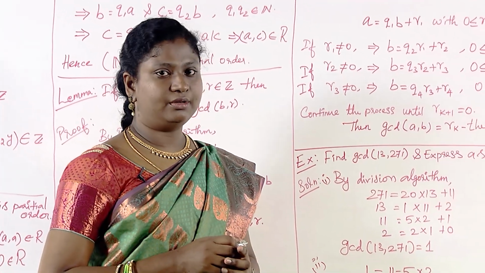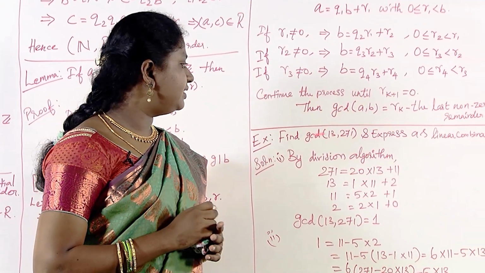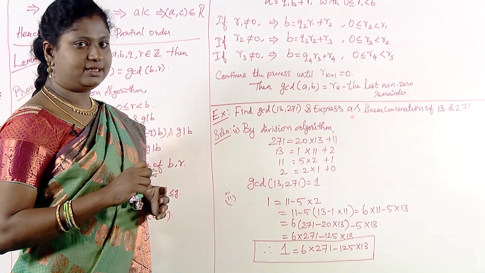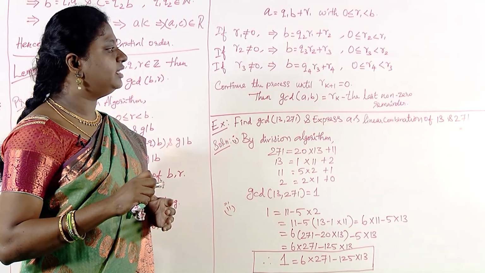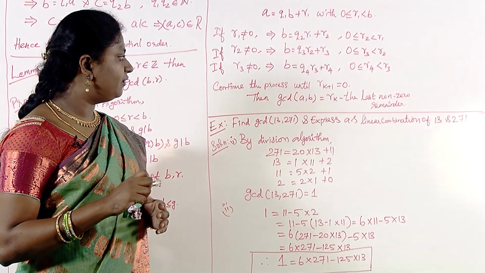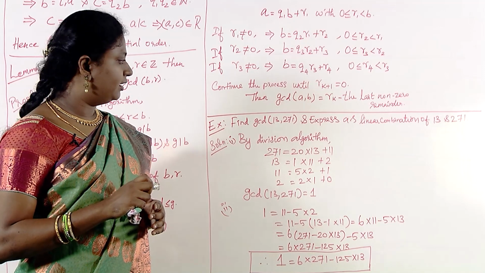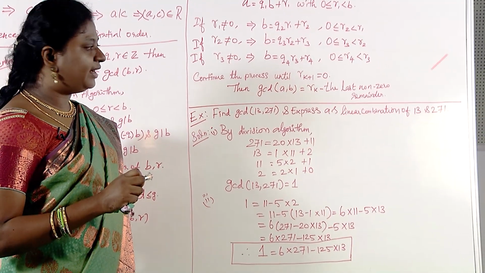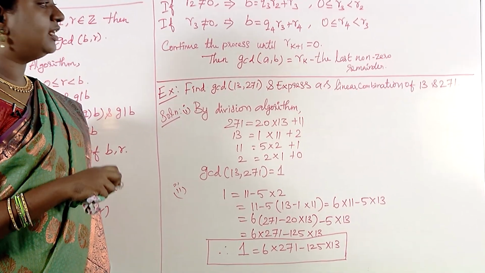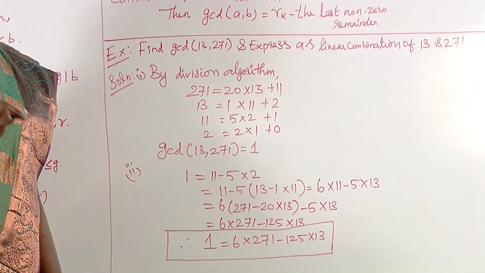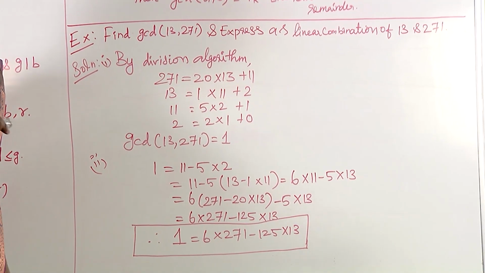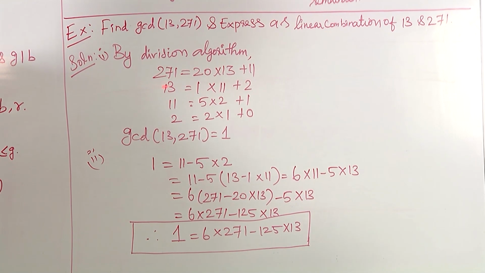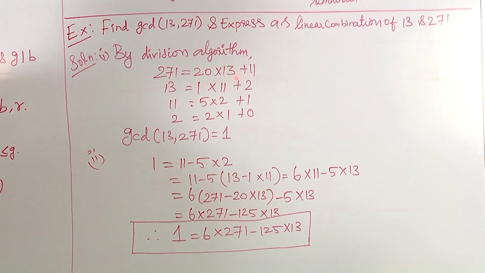What we are going to do now is find the GCD of 13 and 271, and express the GCD as a linear combination of 13 and 271. We shall see how this can be done. By the division algorithm, whenever you have two integers, it guarantees the existence of such a combination. Now 271 can be written as 20 into 13 plus 11.